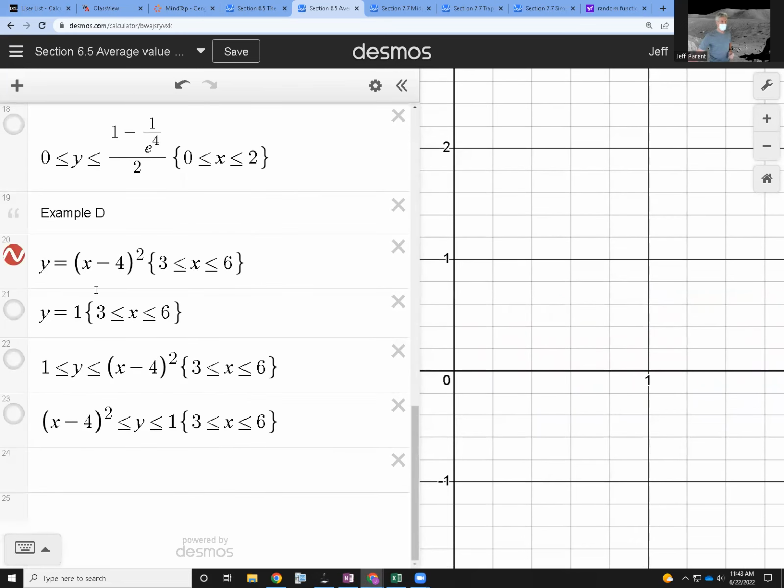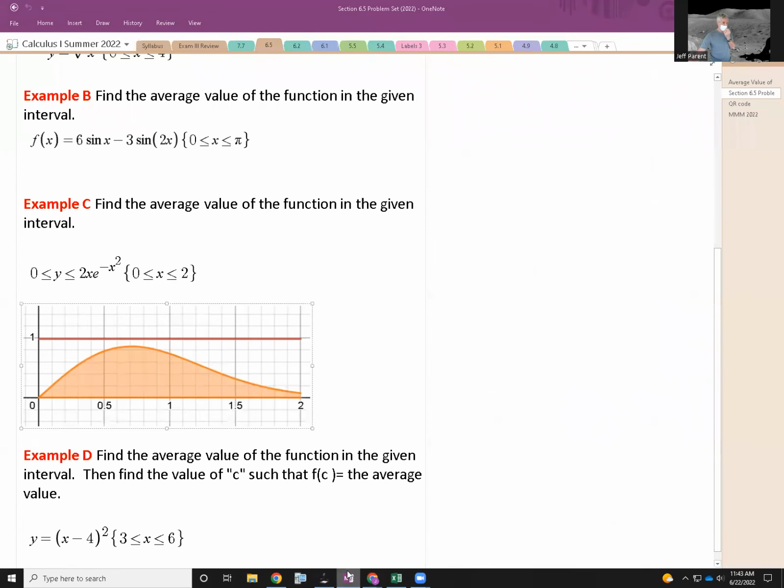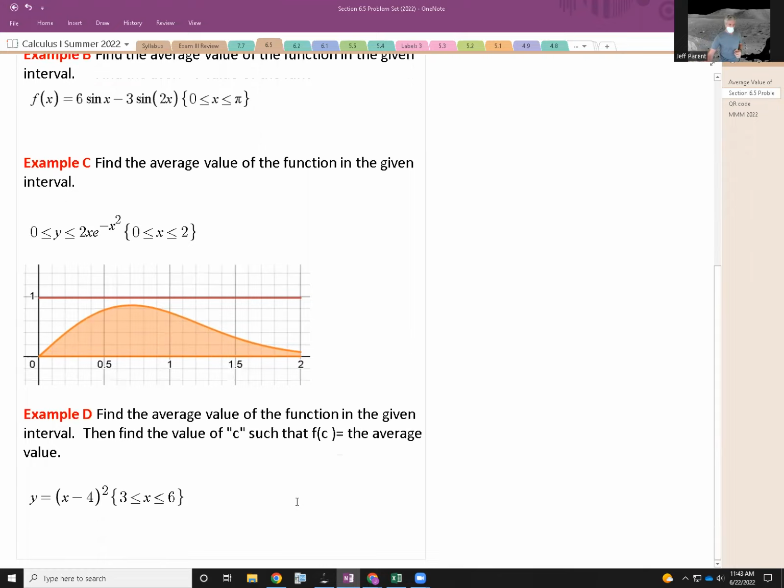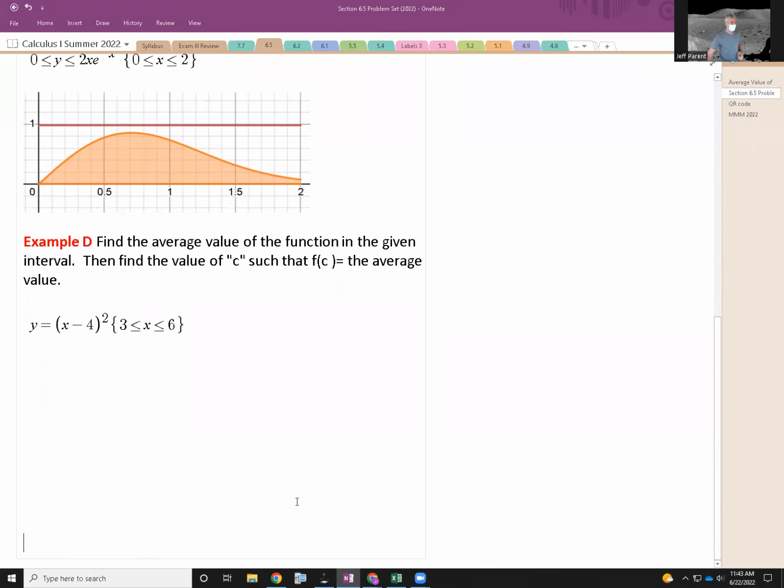So the last one has a little bit of an extra twist in it. We're going to find the average value of the function and then figure out what value of x actually gives me that average value. So the function has to pass its average value at some point, and they're asking you to find that point.